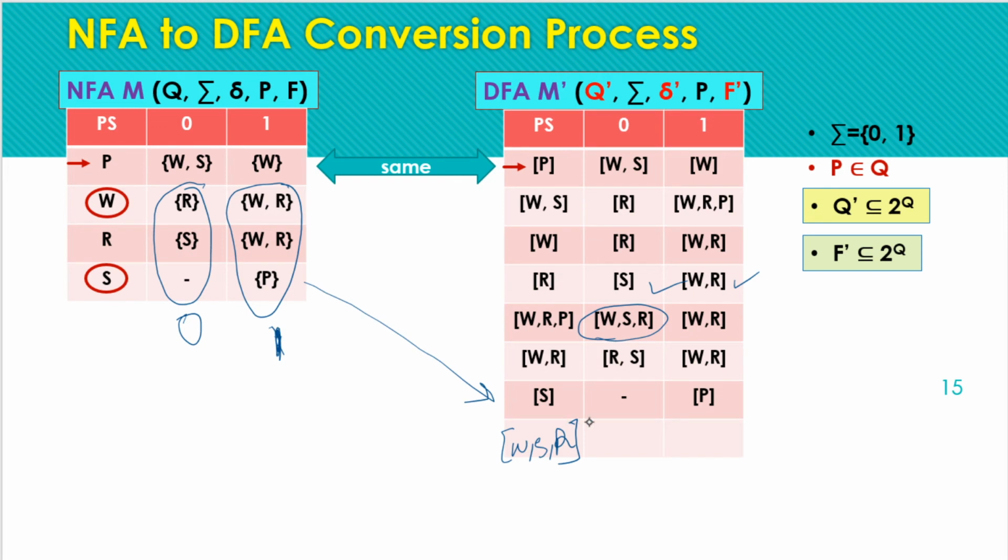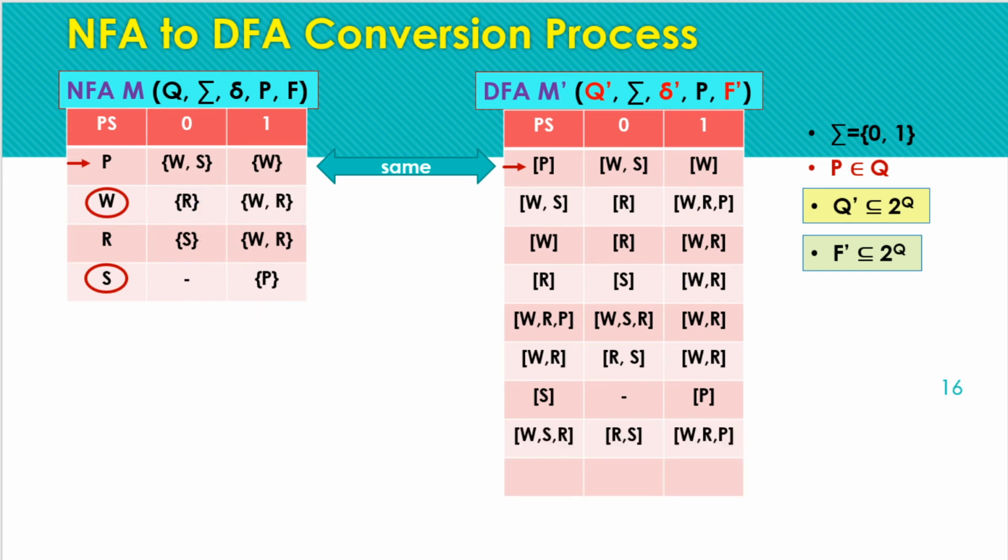So for input symbol 1 we are getting union of R and S. So the resulting set is RS, and here the resulting set is WRP. So we are getting the transition for 0 as RS and the set WRP for the transition of 1. So here is the resulting transition table.